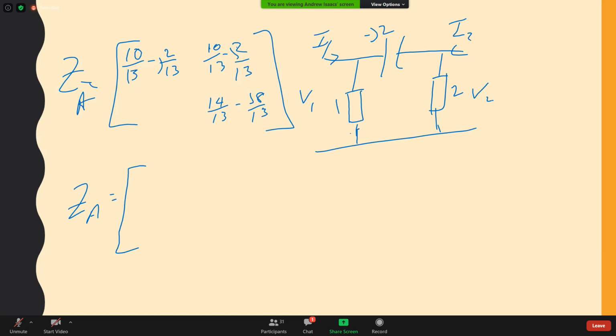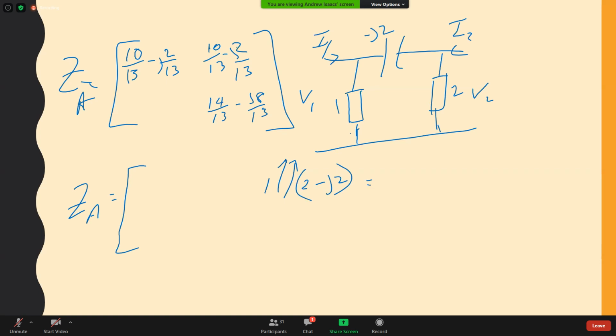So for the input, sir, would be the 1 ohm in parallel to the minus 2J, which is the imaginary, plus the 2 ohm. All right, so that is 2 minus J2. Yes, sir. All right. And that's product over sum.